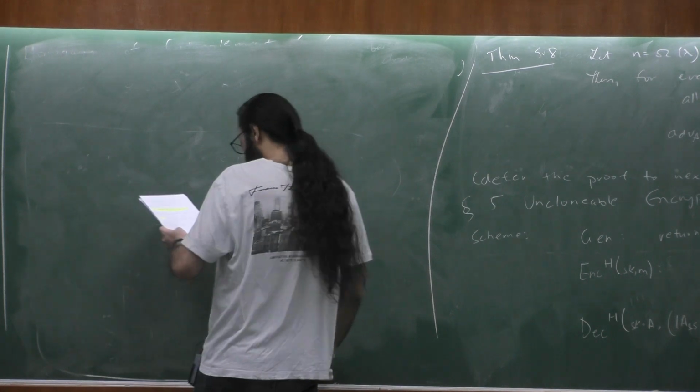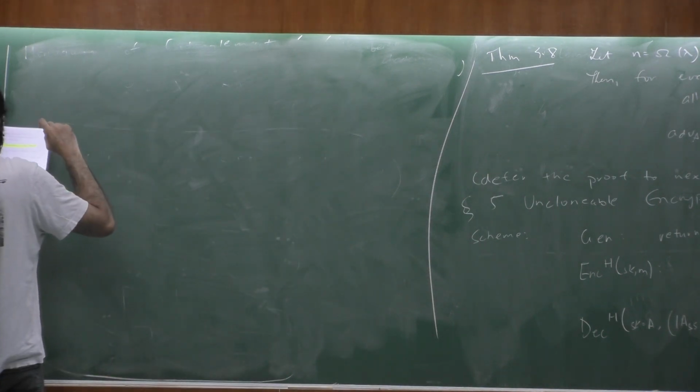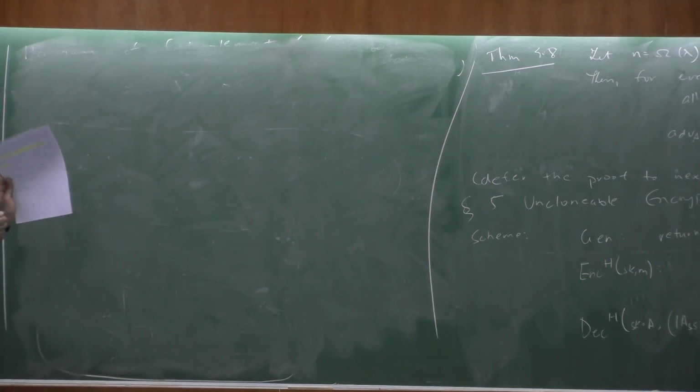So the decrypt algorithm does the following. We are going to use the algorithm that we mentioned earlier, that given a vector tells you the representative vector for the coset that it belongs to.